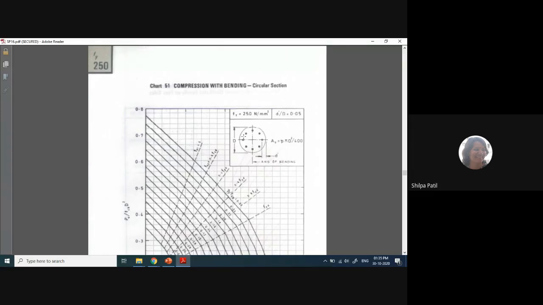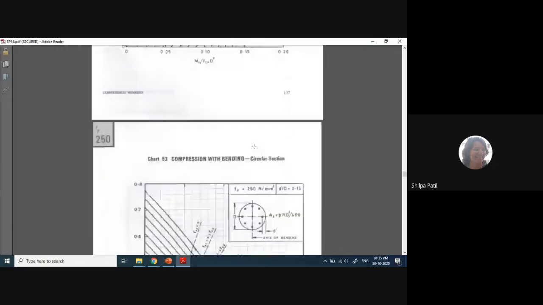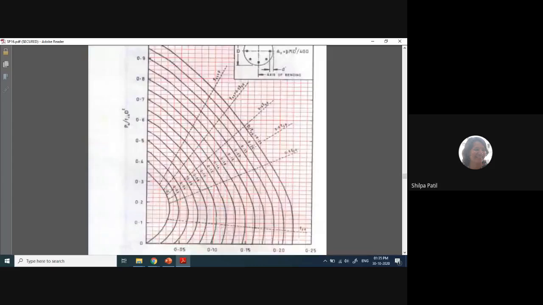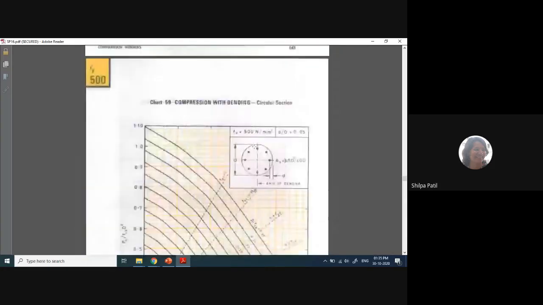So there will be no question of considering different arrangements for reinforcement. So for a circular column, you will find out 12 charts like this, depending upon the grade of the steel and the d dash by d ratio. So these are the charts for the circular columns.